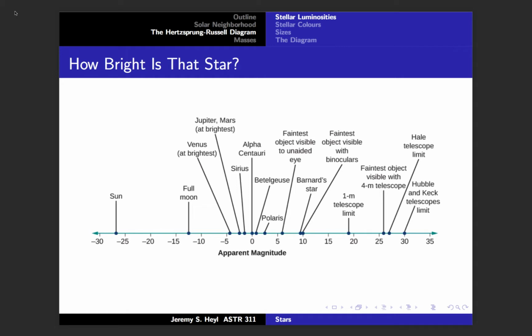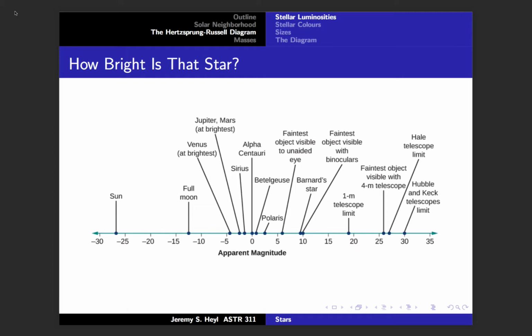And there's a wide range in how bright objects appear to us, right? From the sun, from Earth, all the way down to the limit of the faintest objects that we can measure with the most sensitive telescopes. So on the chart that I gave you, it doesn't go to 30, it goes a little further, to 31.5.